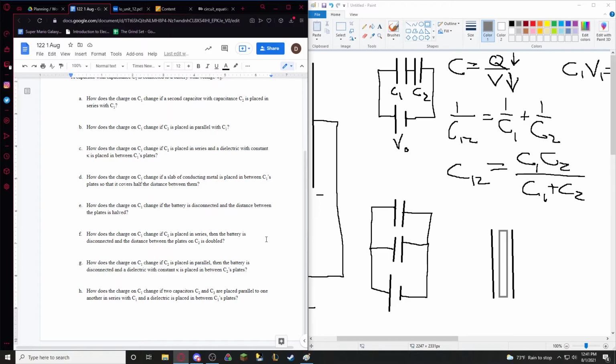Wait, no. Since there is a change in voltage, the capacitance will change as well. So wait, wouldn't it be the same? The charge would just stay the same from the exact initial scenario? Oh, hold up. You have to place it in series first.